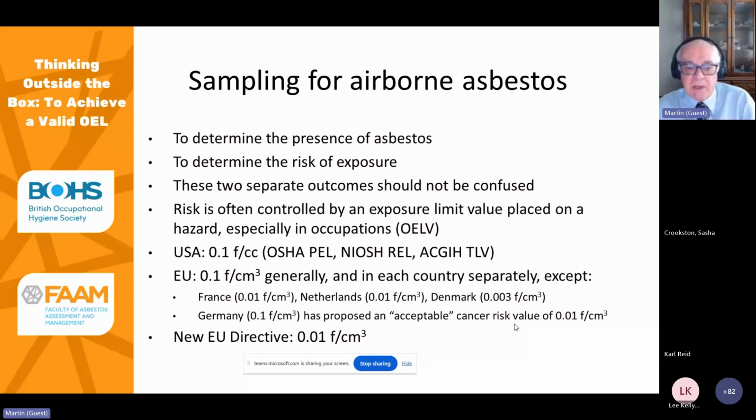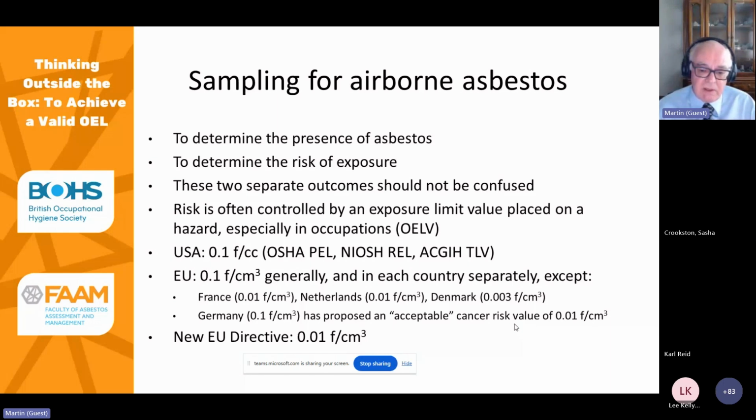So I'm going to talk about determining the risk of exposure, not determining the presence of asbestos. A lot of asbestos measurements these days are done for clearance purposes in abatement. And in that case, you just want to know whether it's present or absent. That should not be confused with an occupational exposure limit where you're determining the risk from exposure.